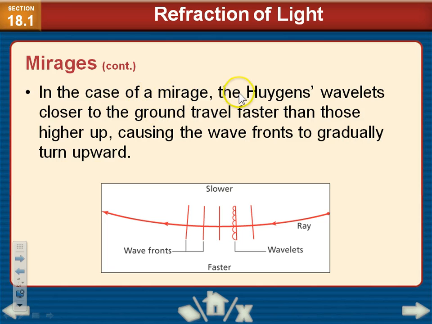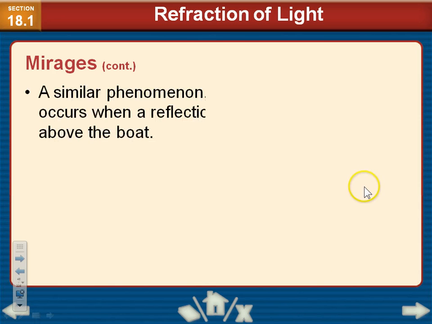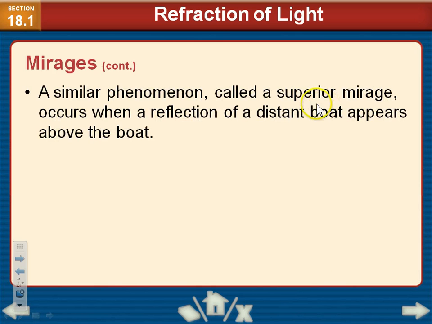In the case of a mirage, remember we talked about Huygens' wavelets closer to the ground traveling faster than those that are higher up, causing the waves to gradually turn upwards. So sometimes we're going to end up with a superior mirage. It occurs as a reflection of a distant boat appears above the boat.